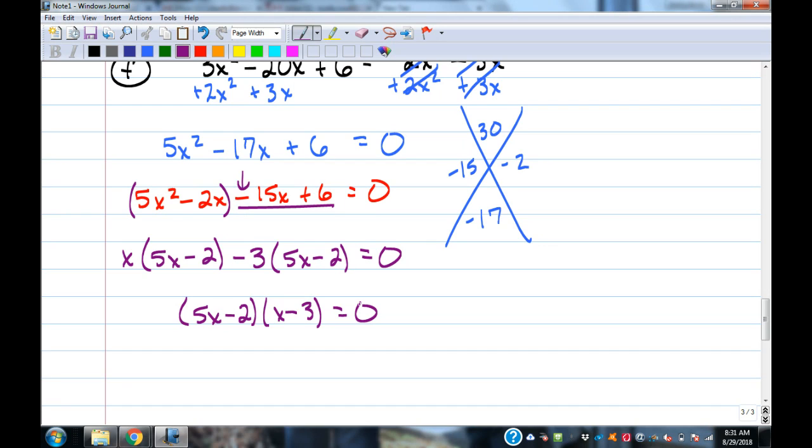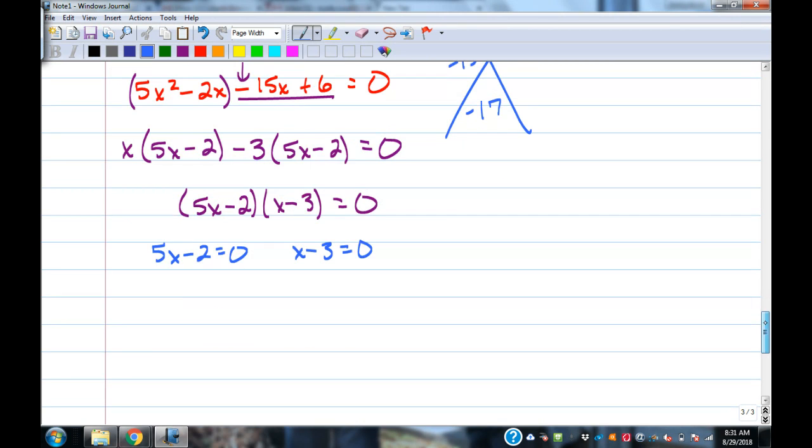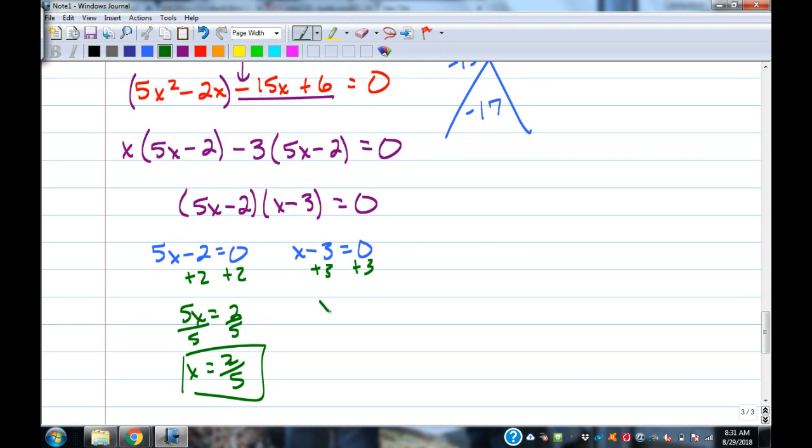It still works. And we set those equal to 0. Add 2. 5. 2/5. And 3.